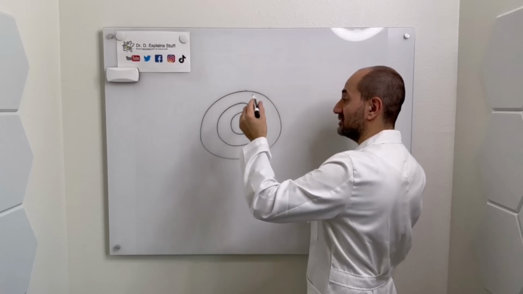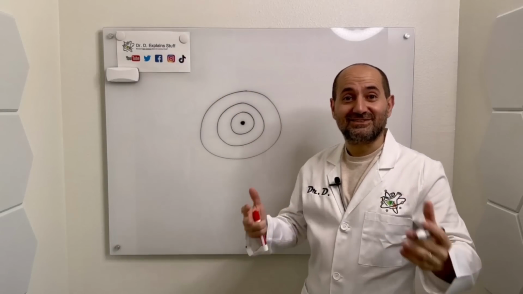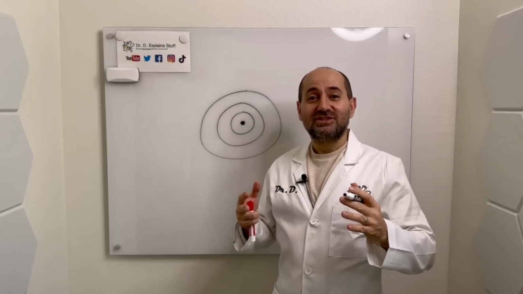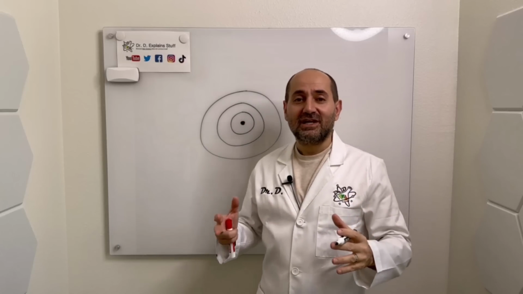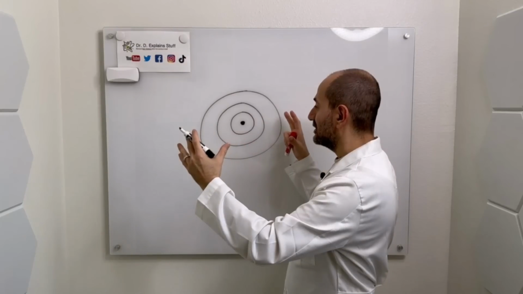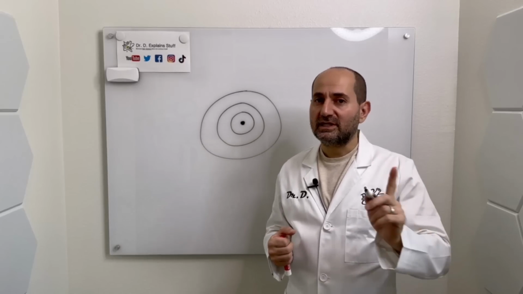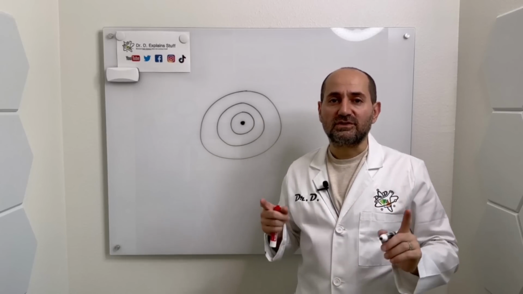There's the fourth shell, the fifth shell, a sixth and seventh shell, okay? So these are called shells. These are layers in which electrons can exist, all right? But remember, orbital and shell are two different things.